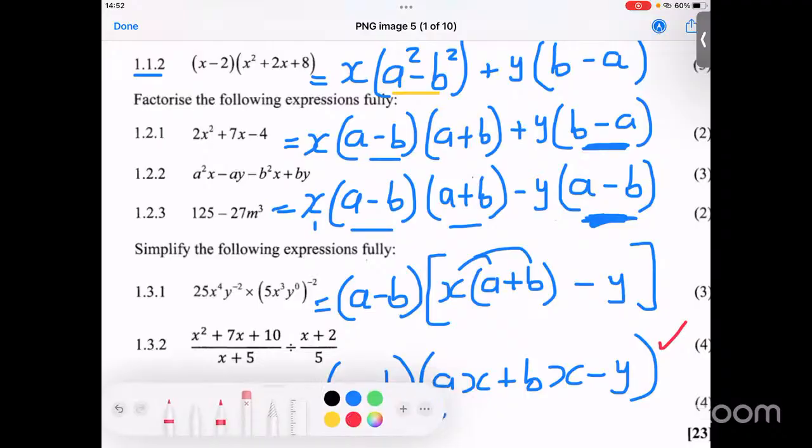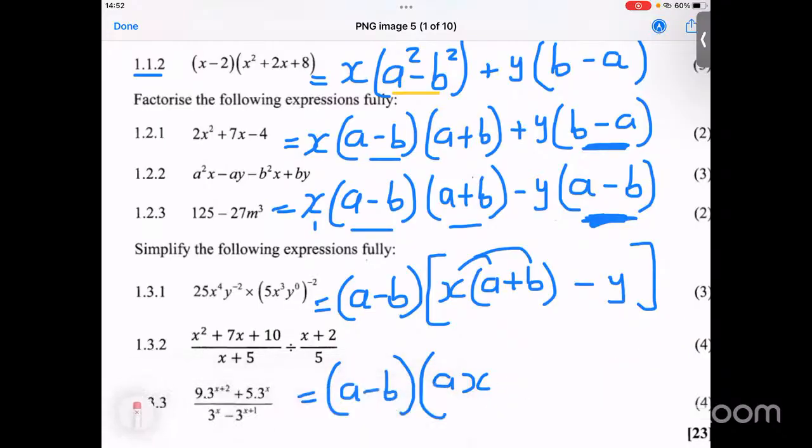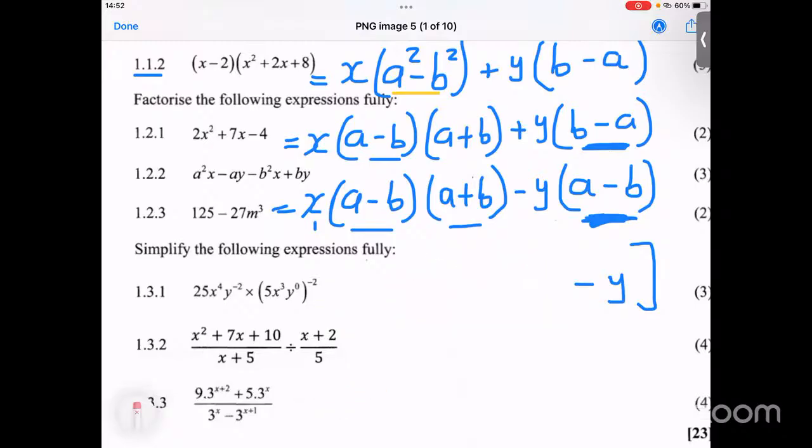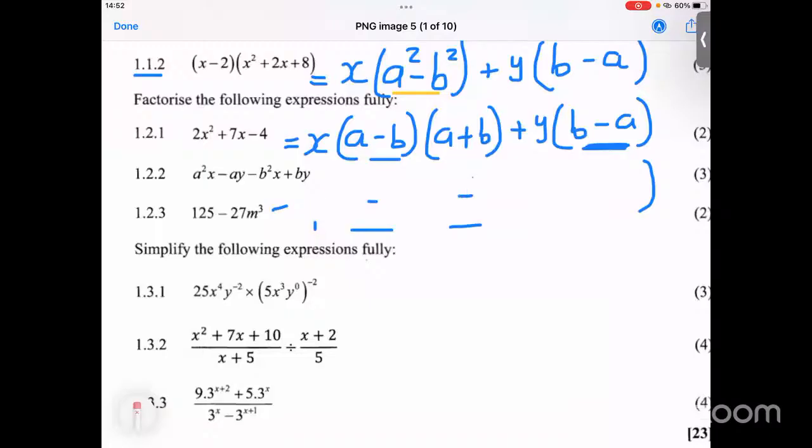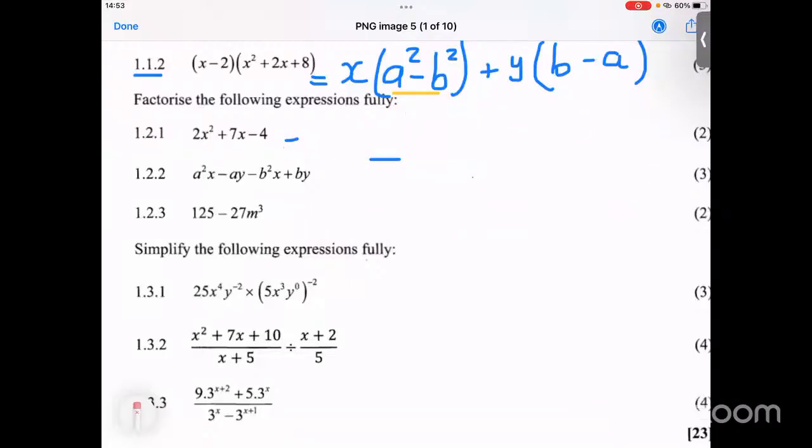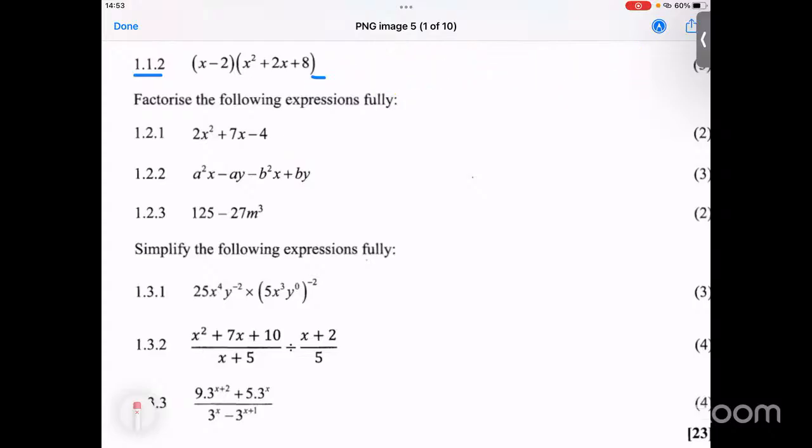So remember, this is not the only way to work it out. There are other ways in which you can work it out, and you can try any acceptable method, and you should still be able to get to that final answer.